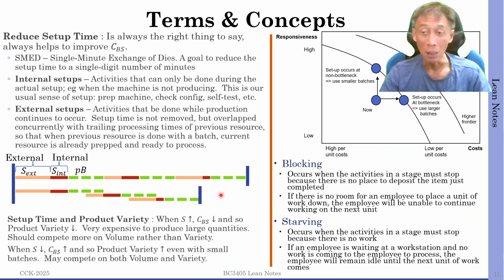That means within the same real time, you can have more runs. You can paint more cars. And so the goal is, last time maybe 30 minutes, 2 digits. This time, after the SMED, you get it down to 8 minutes. Better still, 6 minutes, something like that.